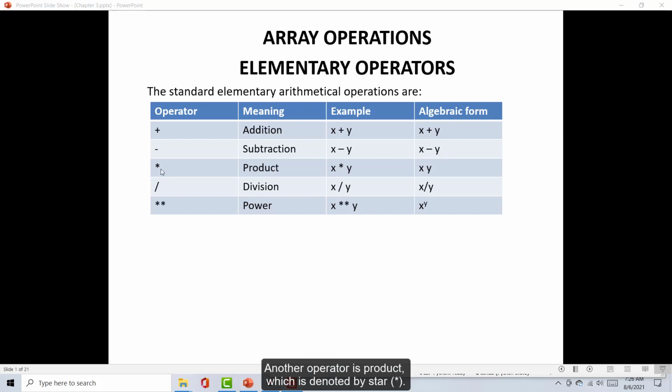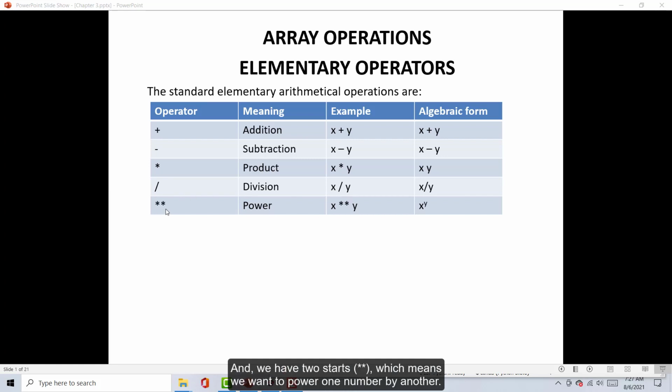Another operator is product, which is denoted by star, and if we have two variables x and y, then their product can be written x star y, or in algebraic form, just x times y. Slash is the operator for division, and if we have x slash y, then we divide them, or in algebraic form, it is the same as in programming.